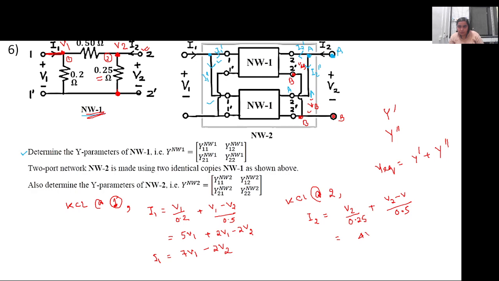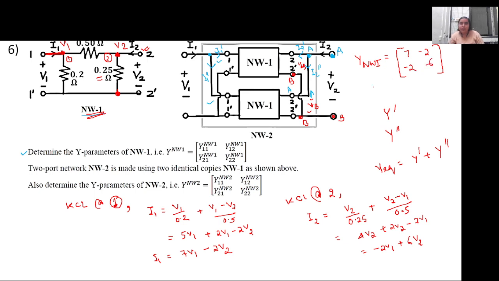So this will be 4V2 plus 2V2 minus 2V1. So this is minus 2V1 plus 6V2. So what will be the admittance parameter of the first network? It will be 7, minus 2, minus 2, 6.